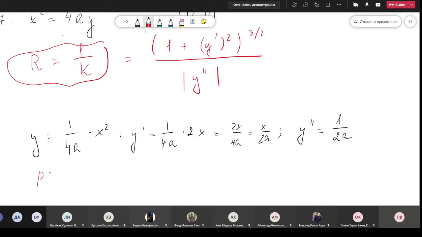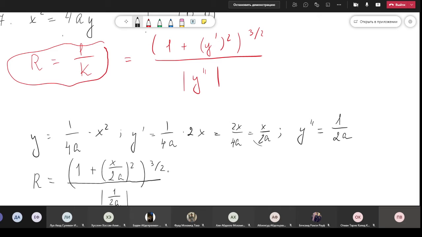Good. And we can use our formula for radius: radius is 1 over k. It means 1 plus y prime, where y prime is this value, x over 2a, all of this squared, and all of this over the modulus of y2 prime, 1 over 2a. And calculate at the point 0, 0.